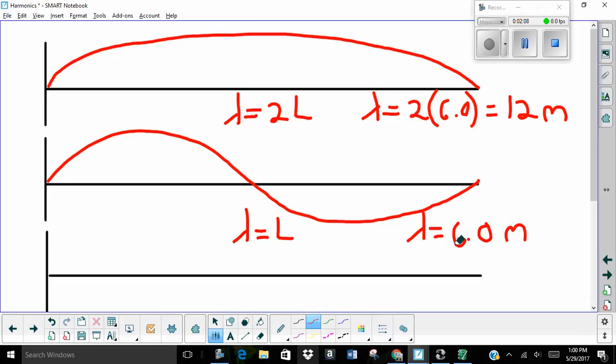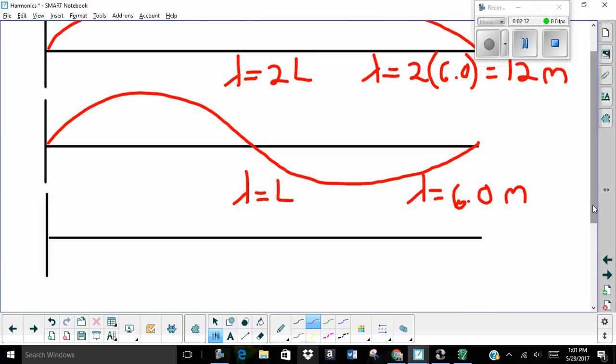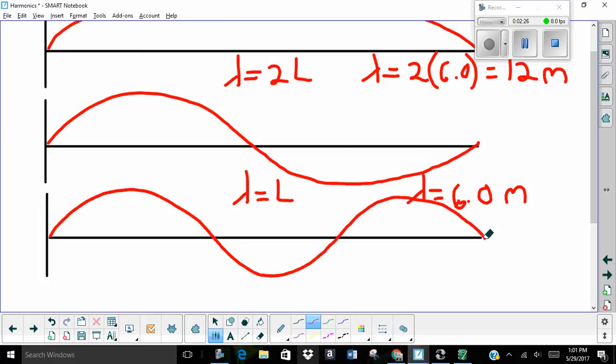Now my last one, I'm going to have that frequency again, or triple the first fundamental frequency. And what I'll have here is 1.5 wavelengths on that 6 meter string.